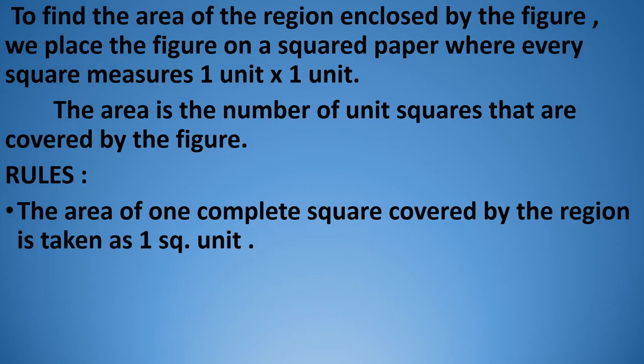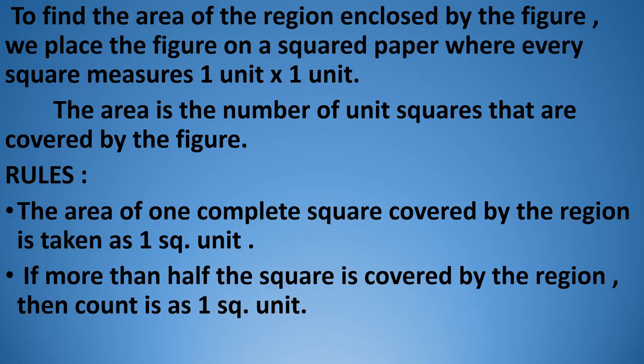So, total number of complete squares covered is equal to total number of squares multiplied by 1 square unit. If more than half the square is covered by the region, then count it as 1 square unit. If the square covered is more than half, then also we will consider it as a 1 square unit.